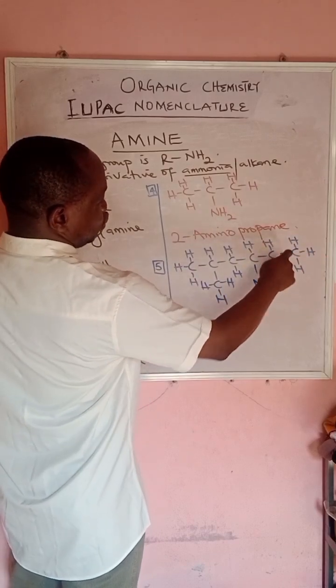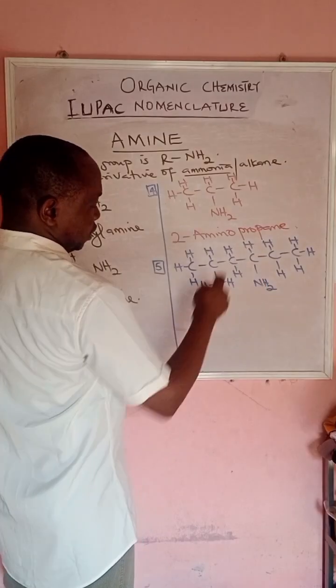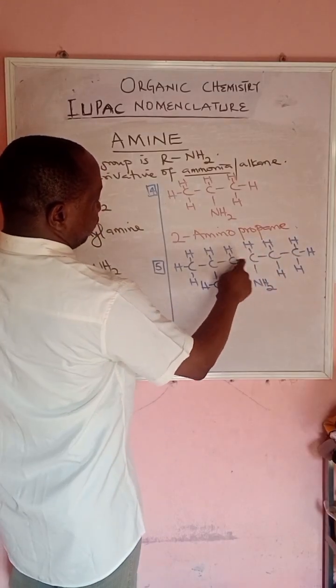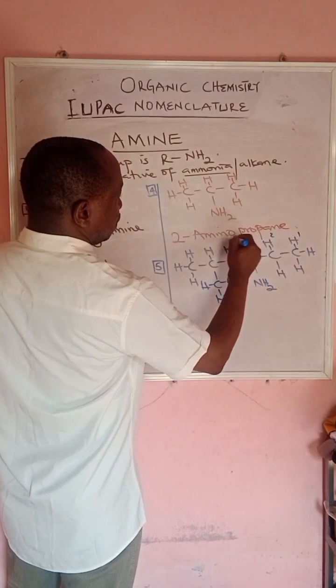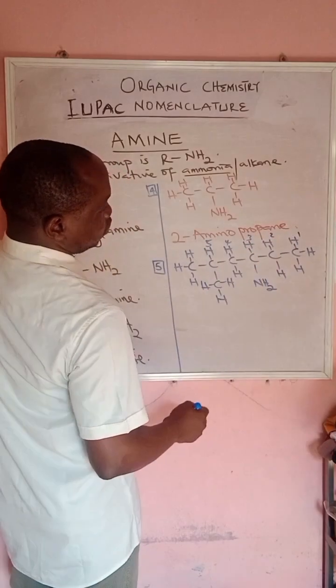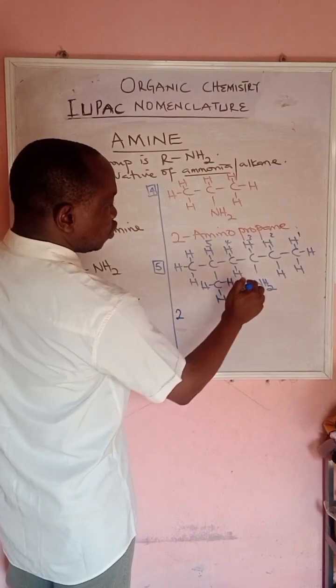Why 1, 2, 3, 4, 5? Why methyl attached to carbon 1, 2, 3, 4, 5? So we have 2, 3. This is 3-amino.